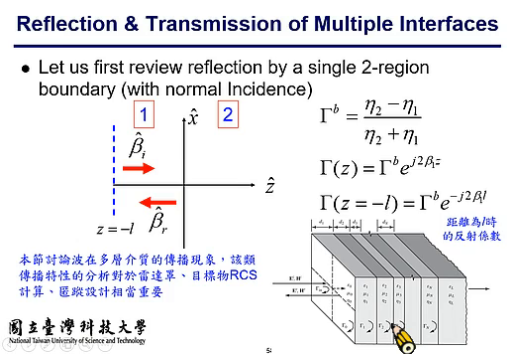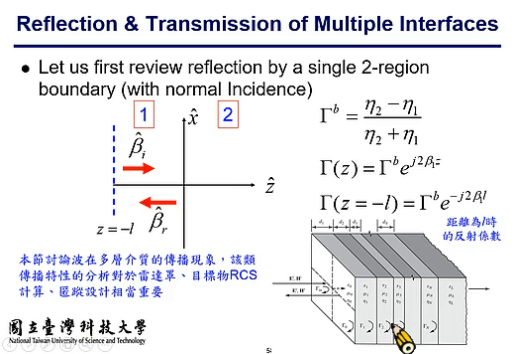So if you are standing some distance from the boundary, here is the reflection coefficient at the boundary, and this is the reflection coefficient somewhere in front of the boundary.